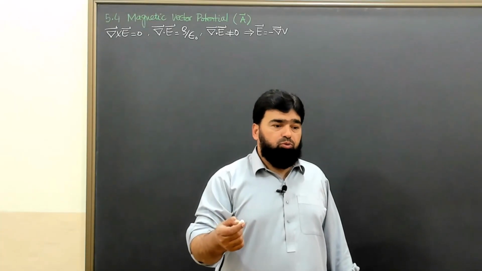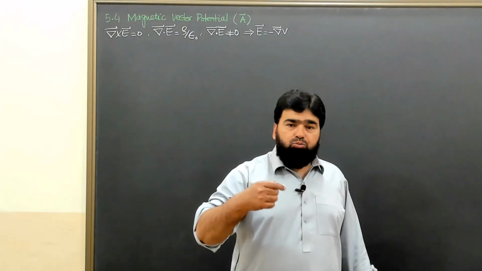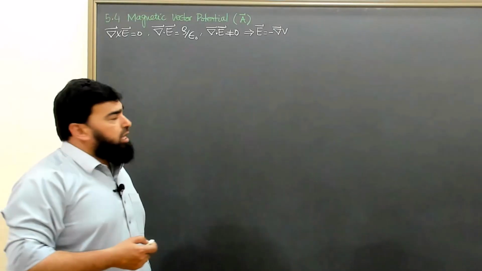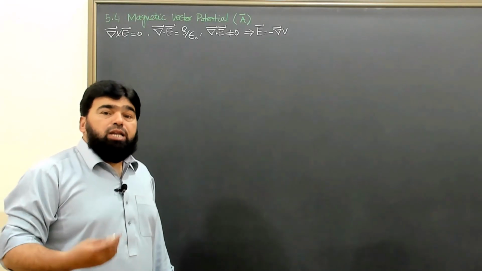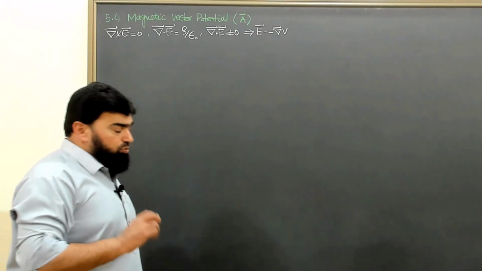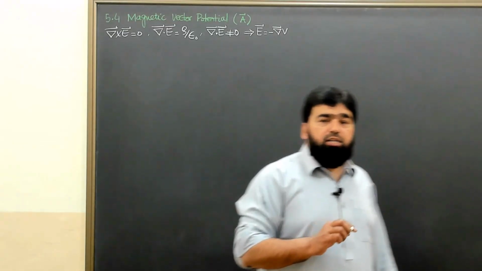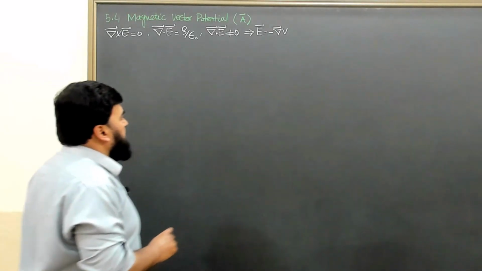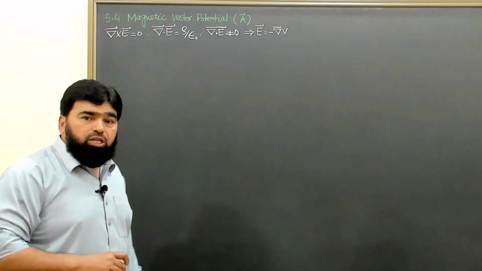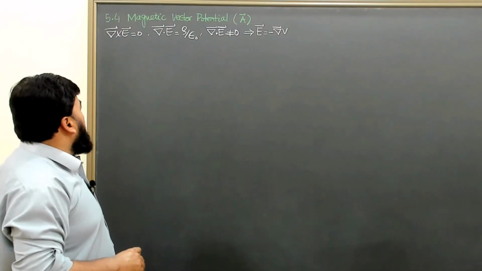So the work we do on a charge to move it into the field of another charge or field will be negative. So minus is due to the reference. We say that the electric field is the negative gradient of the electric potential. Now the same situation we are now seeing in magnetostatics.